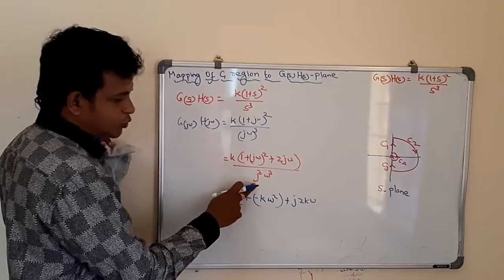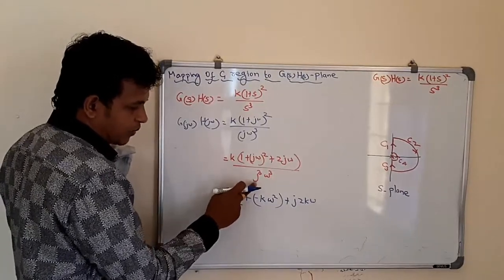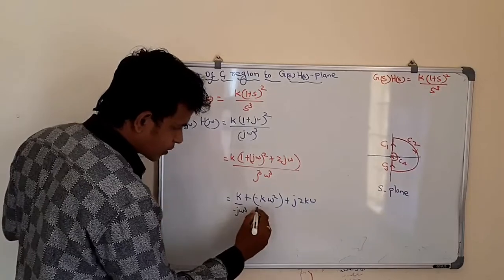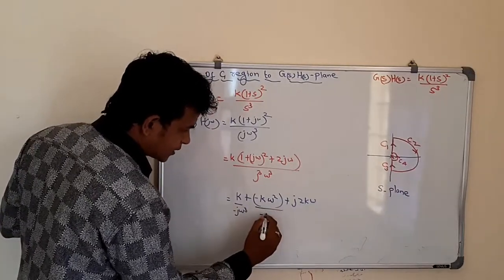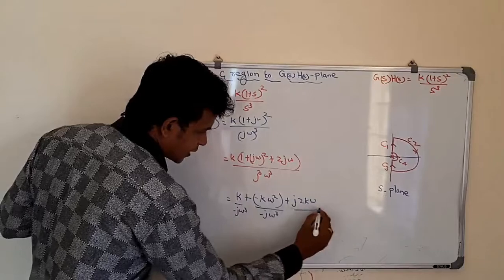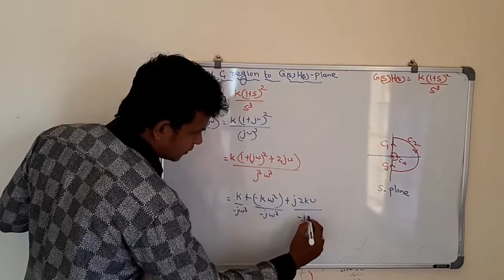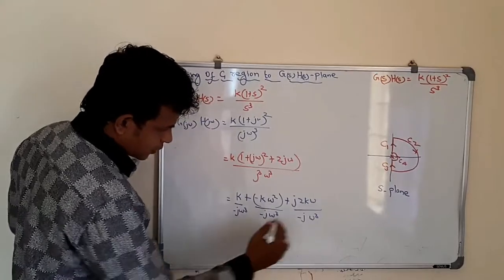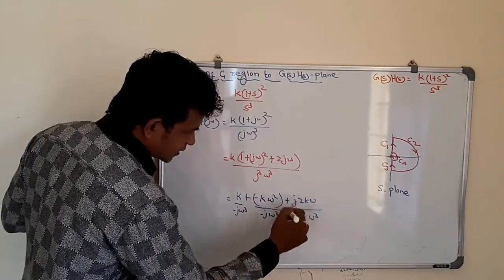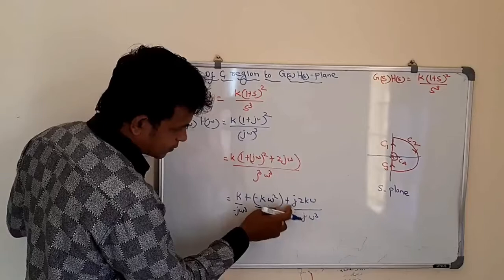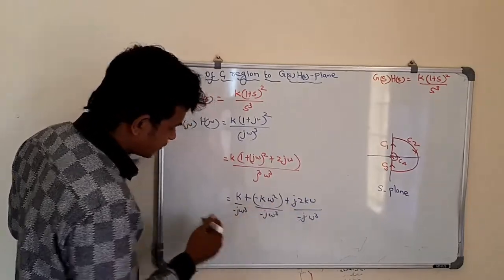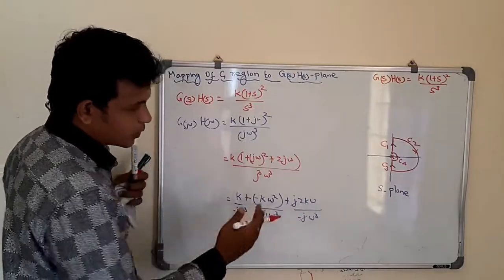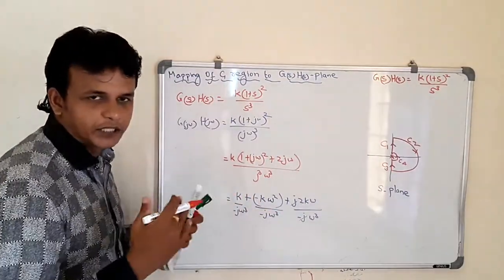We have j square into j, so j square is minus 1 into j is minus j. Here we have minus j omega cube in the denominator. Here again divided by minus j omega cube. Okay, so here this j and this j get cancelled, and plus divided by minus is negative. So I am writing this as real terms and imaginary terms separately.